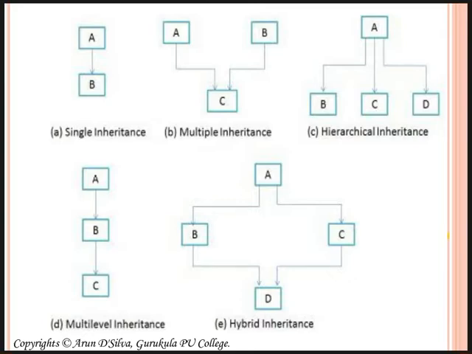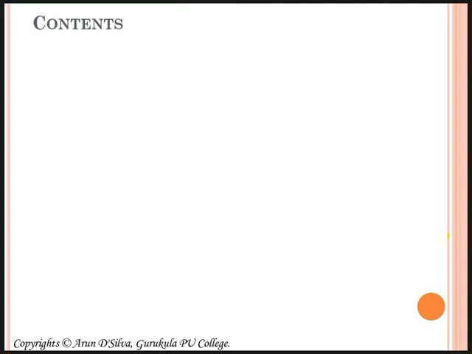These are actually the types of inheritance which we can make use of in OOP, that is object oriented programming. And what we are going to learn in C++ language, in this also we can implement it. Anyway, I just wanted to present what exactly we are going to learn in this chapter, that is the contents.